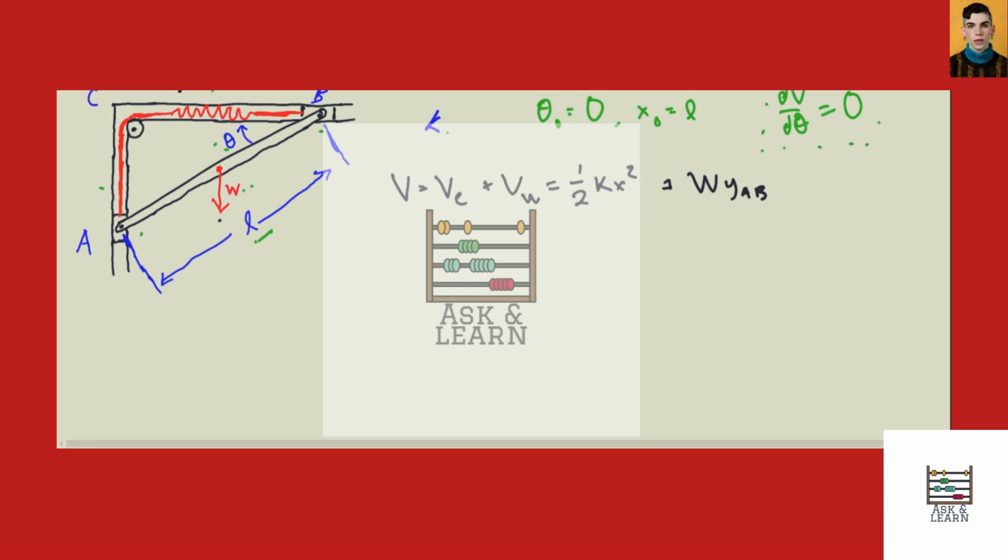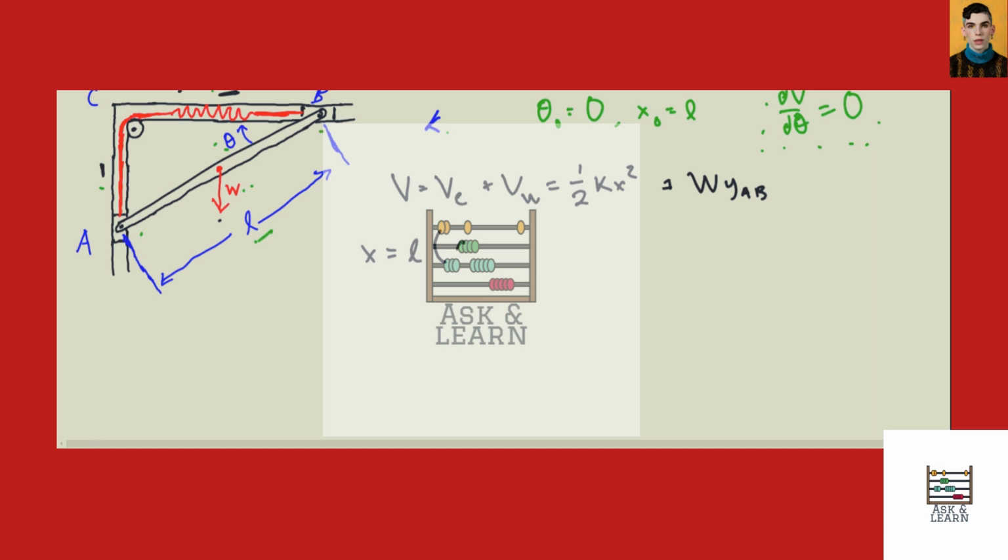So we can go ahead and say that our x for the spring, which is going to be basically segment BC plus segment AC, the two sides of our triangle, is going to be equal to L times, L being the hypotenuse of our triangle here, the length of AB.